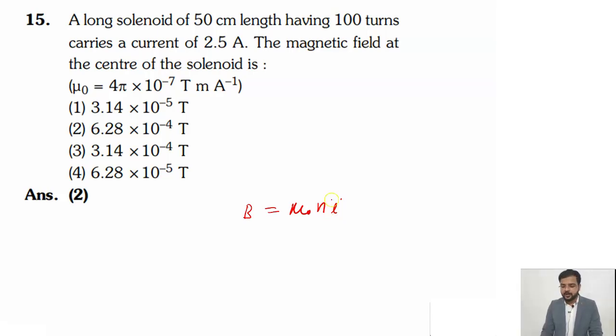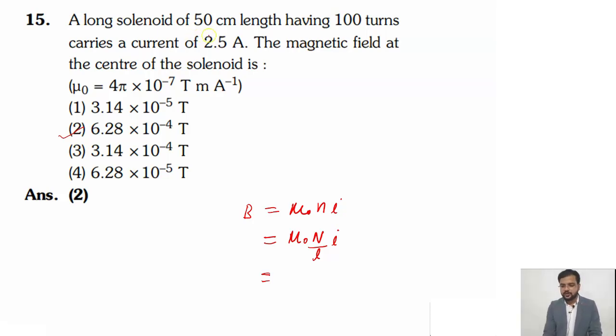And N is the number of turns per unit length. So what can we write here? Mu naught N by L into I. After putting all the values into this equation, we will get option number 2 here. Very simple question.